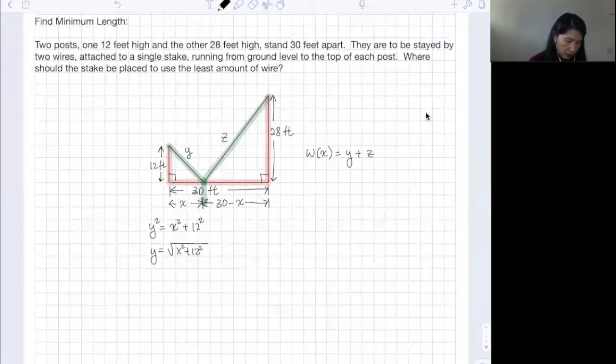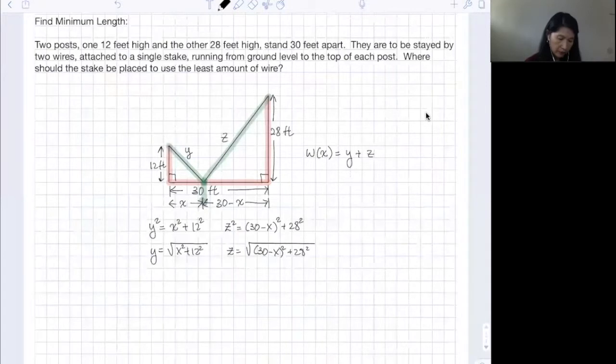Now let's find the expression for Z. We have that Z squared is equal to (30 minus X) squared plus 28 squared. So that gives us an expression for Z, which is equal to the square root of (30 minus X) squared plus 28 squared.